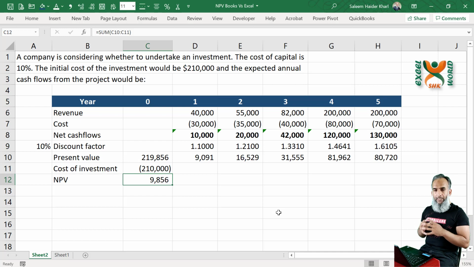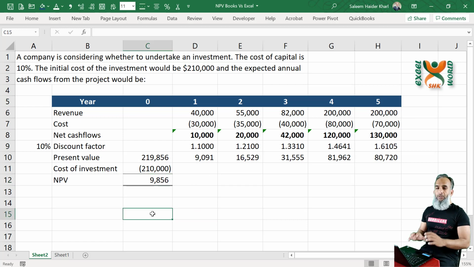So we can safely say that the business has generated enough cash flows to repay the capital, to repay the cost of capital, and also generate sufficient money that will go into our pocket. So this is how it is done in books, in exams, in papers. So you can use this concept and share it with your friends as well.